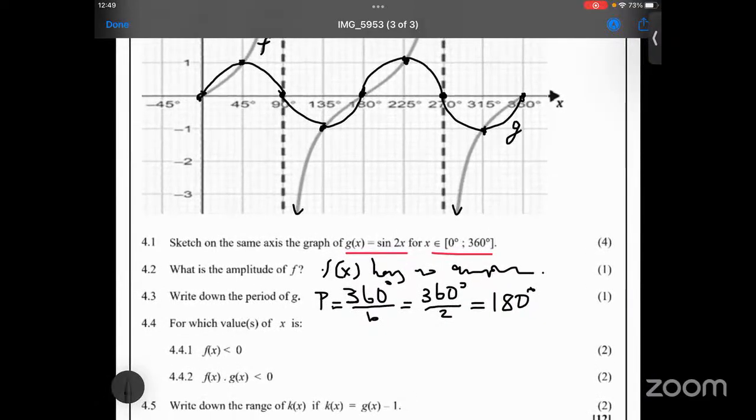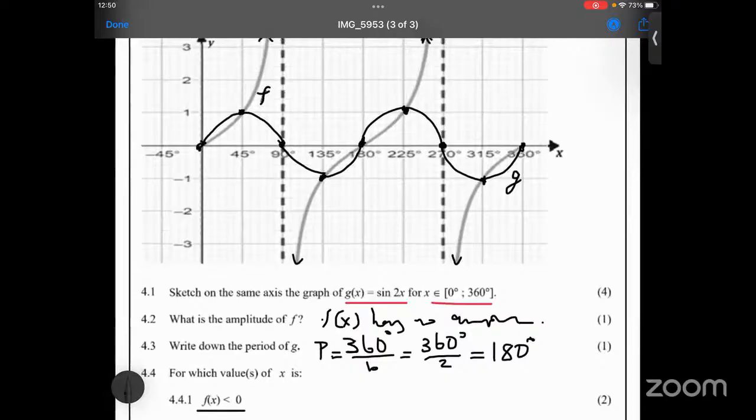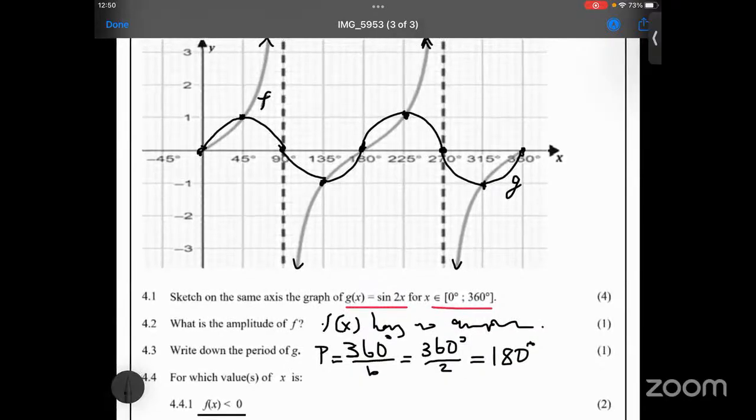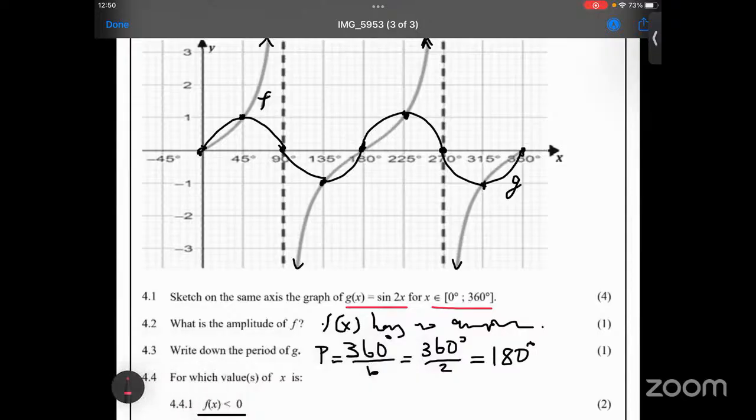Okay, so now for which values of x is f of x less than 0? We are looking for the section where the function f is below 0. I think it is that part of the graph, and another one, that part of the graph.